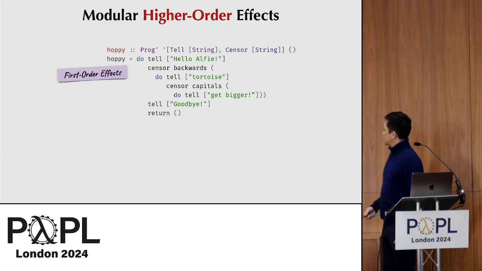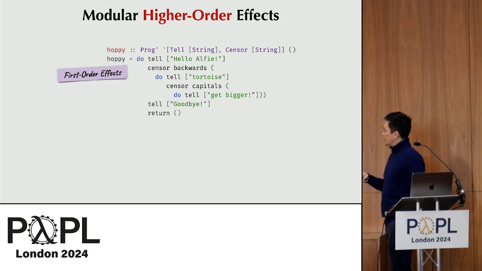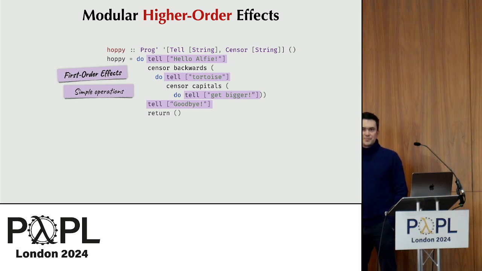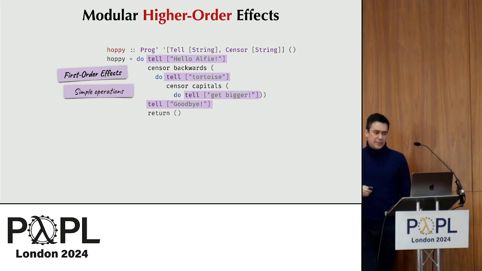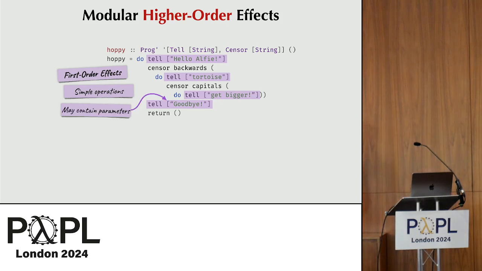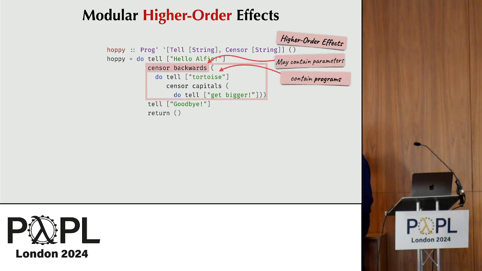Okay, and the reason that we call this higher order is because there's this distinction between what we call the first order effects, which are programs, oh, my slides have disappeared, which are things like tell, where tell and other operations like this are simple and might contain parameters, and more complex higher order effects, which may contain parameters just like the first order ones, but also contain programs as one of their parameters.